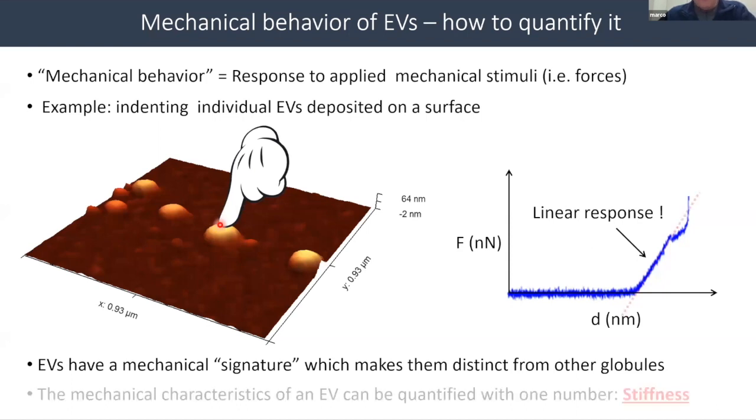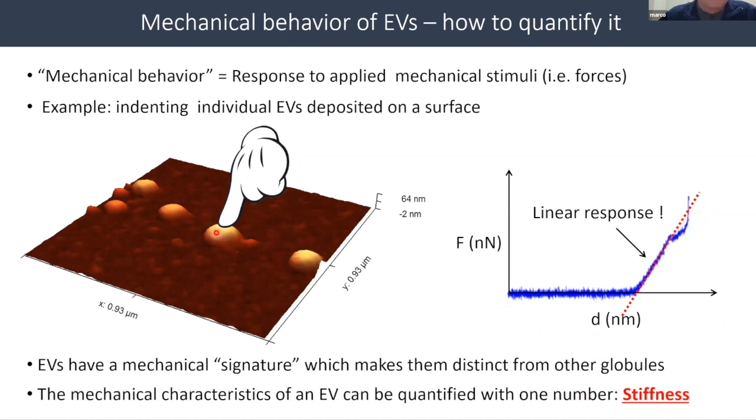What's more, you can assign a number to the slope of the linear increase in force. And the slope here will tell you how stiff the vesicle is when you measured it. In the literature, this quantity, with a distinct lack of imagination, is called stiffness, okay?